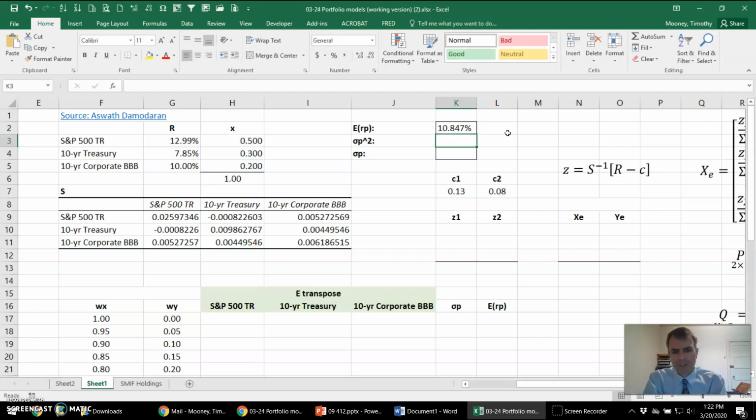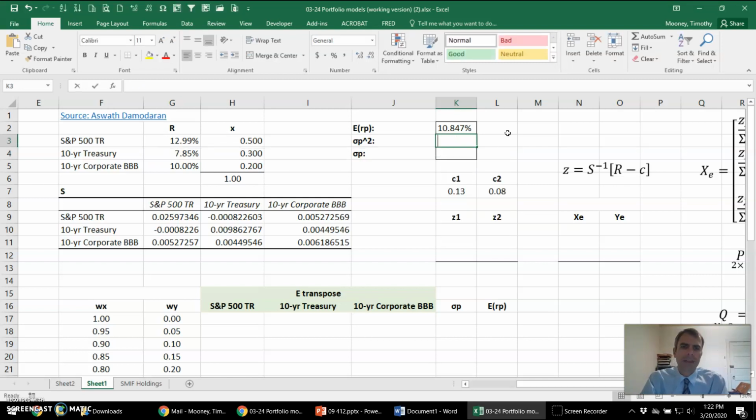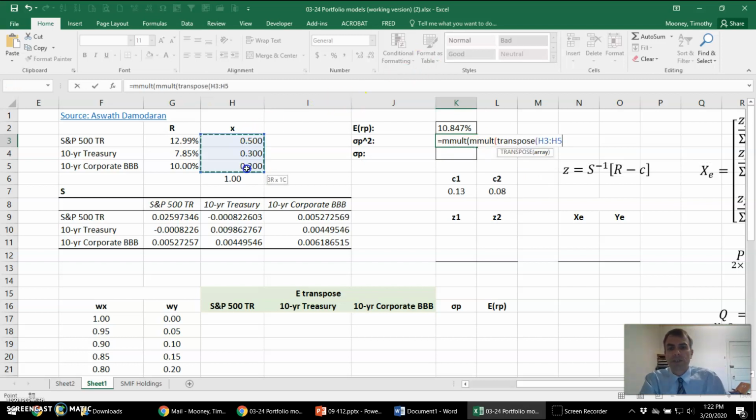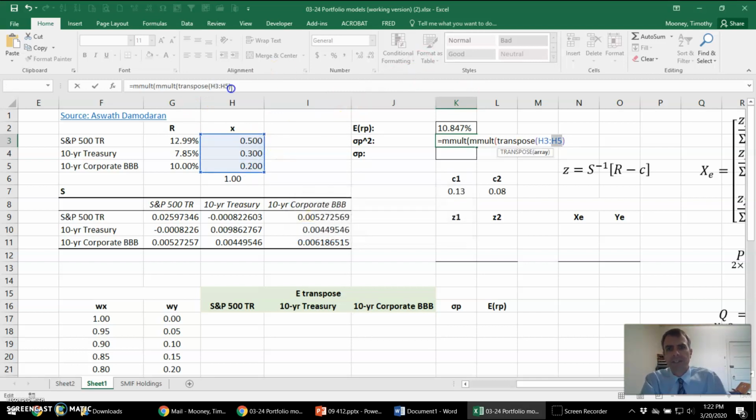Let's find this portfolio's variance, its risk. How volatile are the returns? To multiply three matrices, remember we nest two calls of the MMULT function. Equals MMULT, MMULT, and then this inner MMULT takes two arguments like all MMULT functions do. The first one is the transpose matrix of weights. X transpose times S times X is the whole equation for the variance of a portfolio.